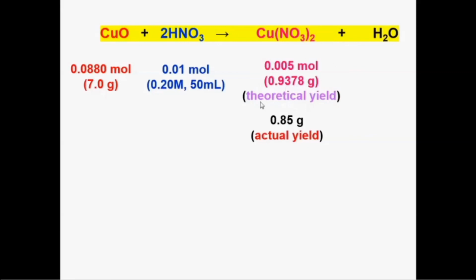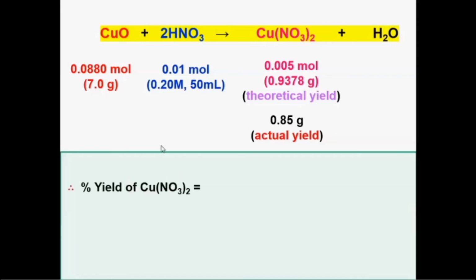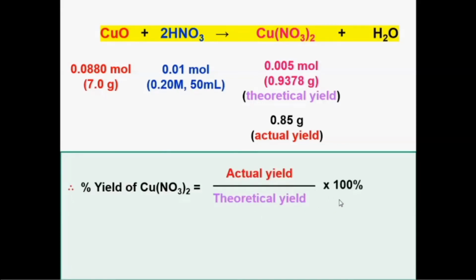This theoretical yield was determined through the calculations that we did in the previous questions B, C and D. And this 0.85 grams, the actual yield, was given in the question. So to calculate the percentage yield of copper nitrate, we know that it is the actual yield divided by the theoretical yield, times 100%.